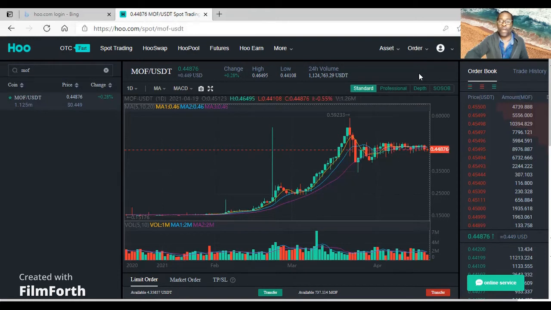What are we doing now? When you get to this point, if you are familiar with forex trading, you can say that this graph will show you what is happening in the market. Now it is consolidating.